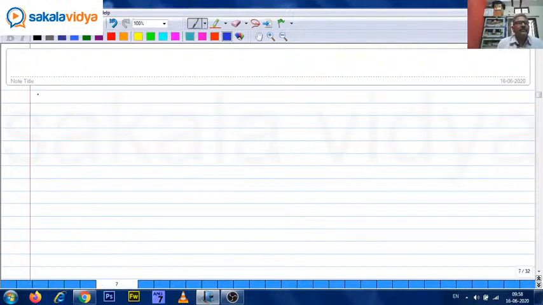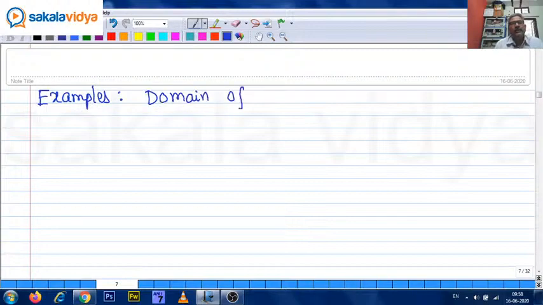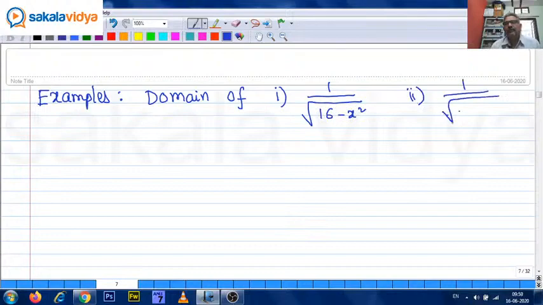So examples. Domain of first one, 1 by root of 16 minus x square. Second, 1 by root of 25 minus x square.